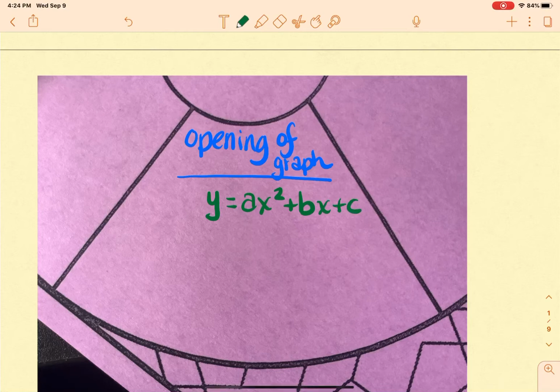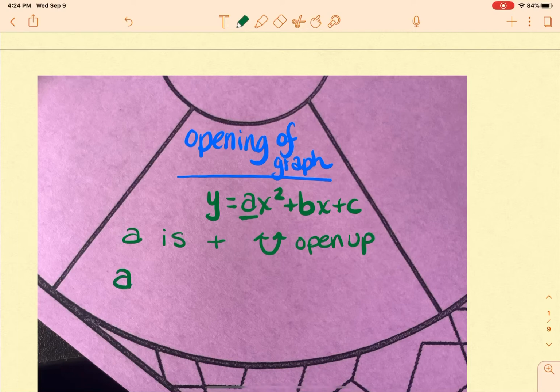So if it's y equals, if this value right here, if a is positive, that means my graph is going to open up. If this value right here for a is negative, it's going to open down.